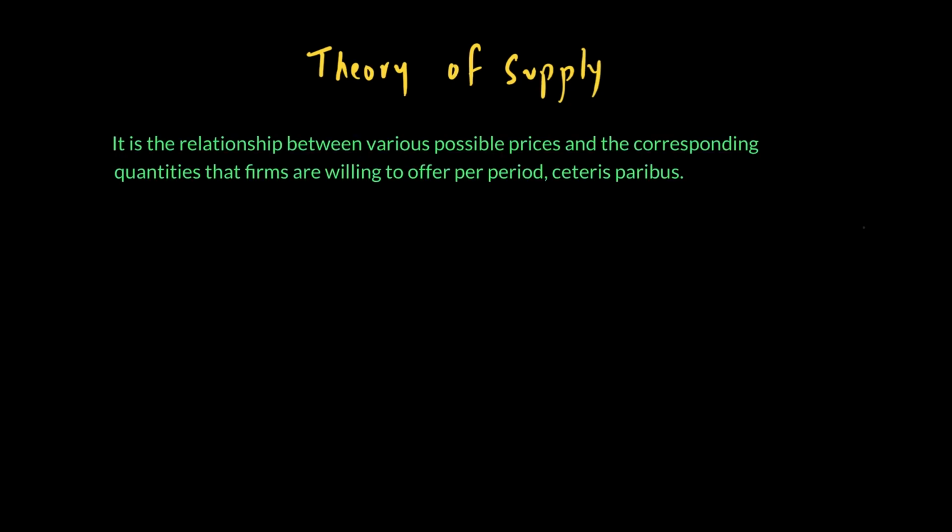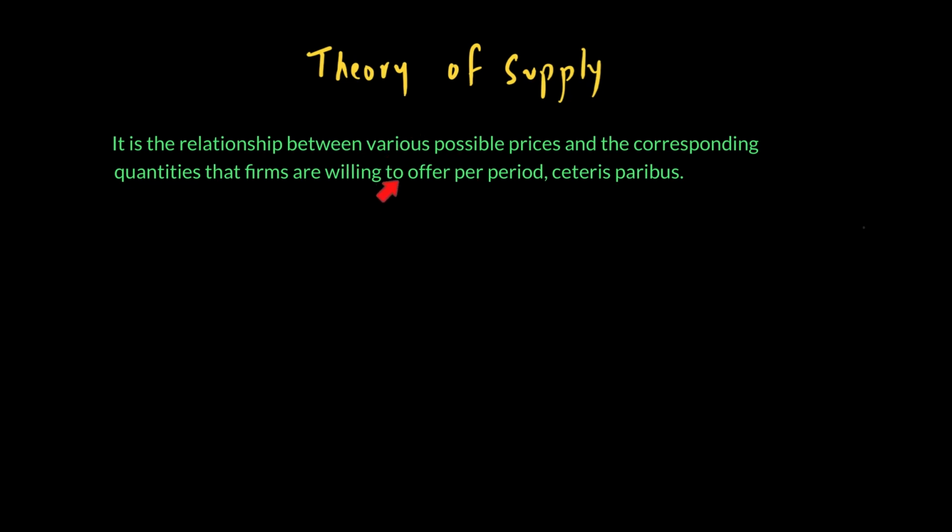If we look at this definition closely, we are looking at the relationship between prices and quantities, but we're also looking at the firm's willingness to produce, because if the firm is not willing to produce, and that is basically, we'll soon see, a function of profitability. So if firms are not willing to produce because, let's say, the profit is not good, then the supply will not become what we call effective supply.